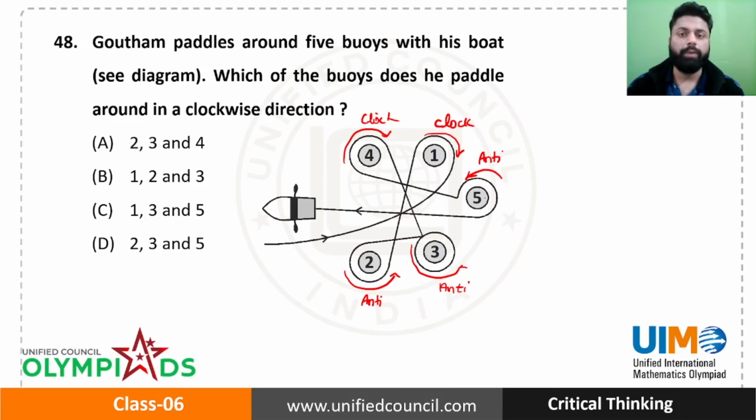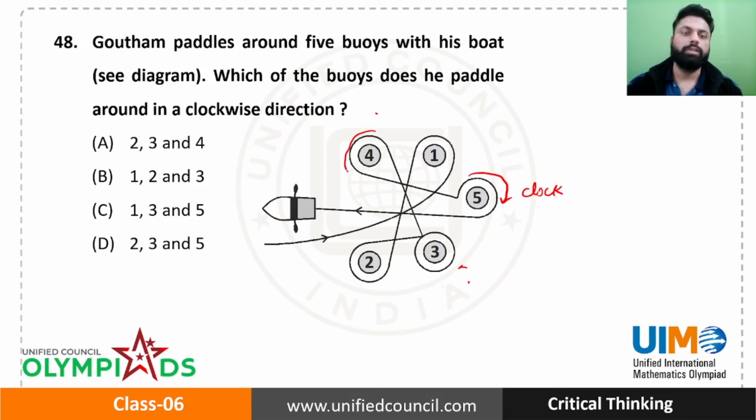Let's try to understand this again. We'll start from here. As the boat is going here, this is the clockwise direction. If this is clockwise, this is going to be anti-clockwise. Then this part is going to be clockwise direction.